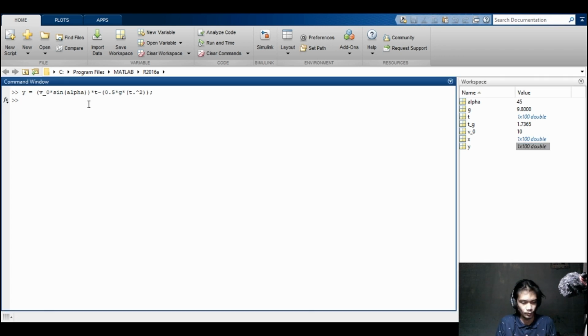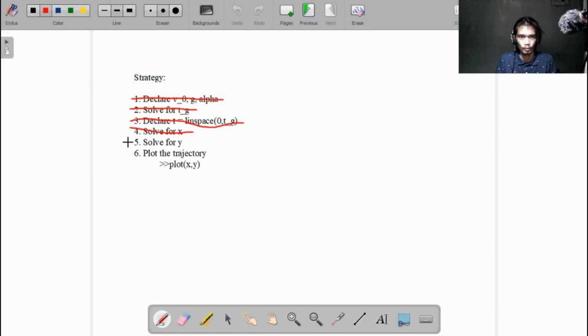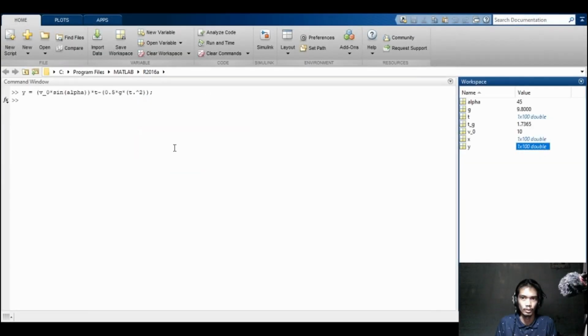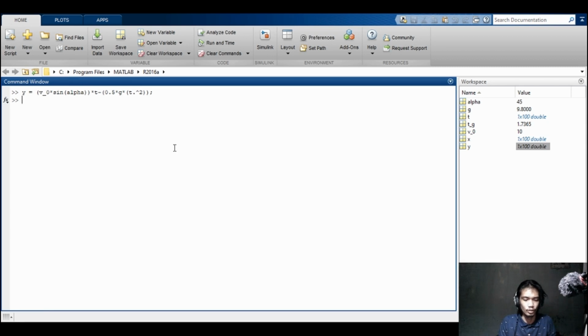Okay, so now we are now only left with number 6, which is yung plot the trajectory. So as said here, i-plot natin by x and y. So here in MATLAB, let's just simply type plot open parentheses x comma y.